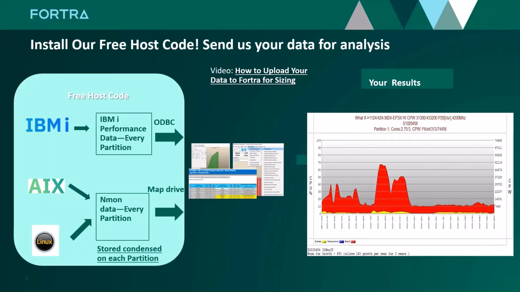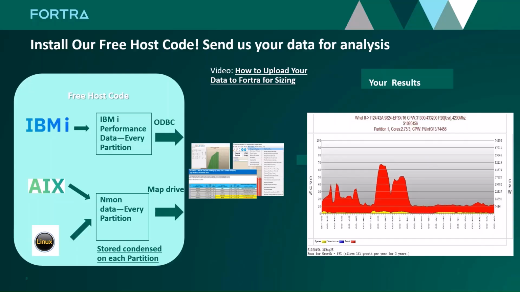First of all, for collecting the data, there is free code that you can download and install. This code is installed in the host and collects the detail. There is no overhead to monitor.